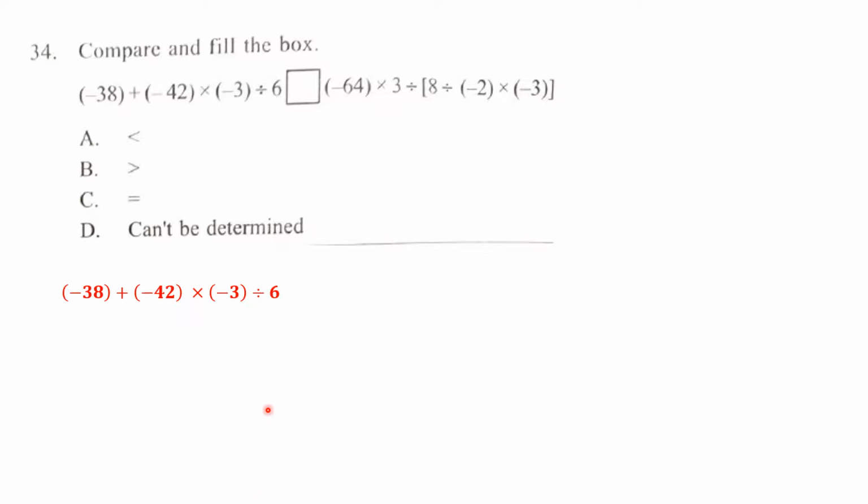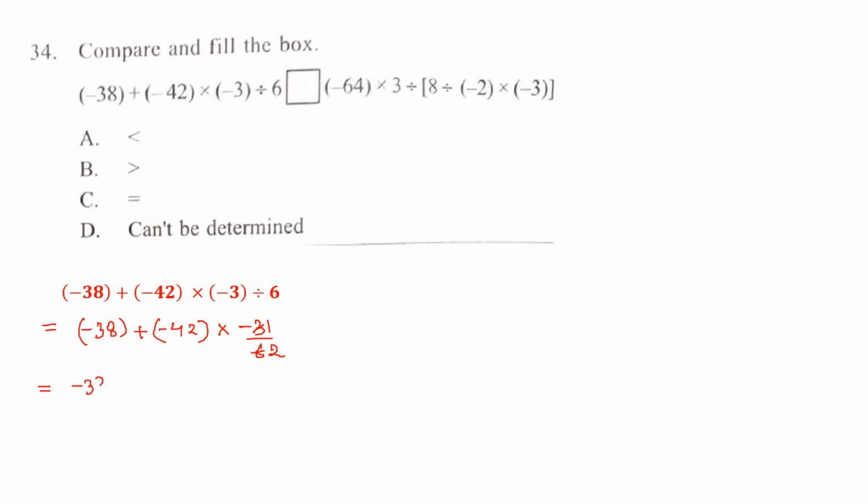So I'm going to use the BODMAS rule. According to BODMAS rule, first you have to do the work of division here. Okay, so if I'm going to divide it, it will be minus 38 plus minus 42, divided by, minus 3 by 6. Okay, minus 3 by 6 means it will give you minus 1 by 2.